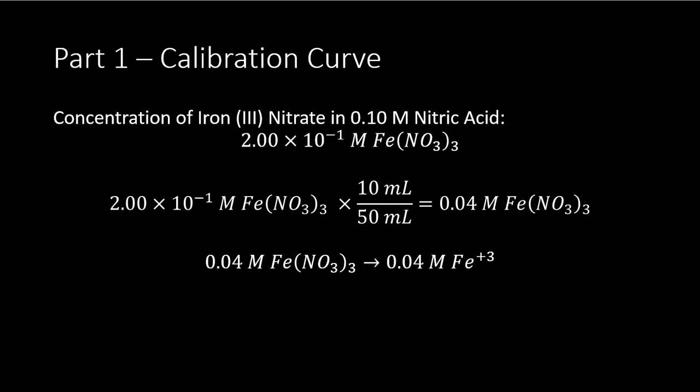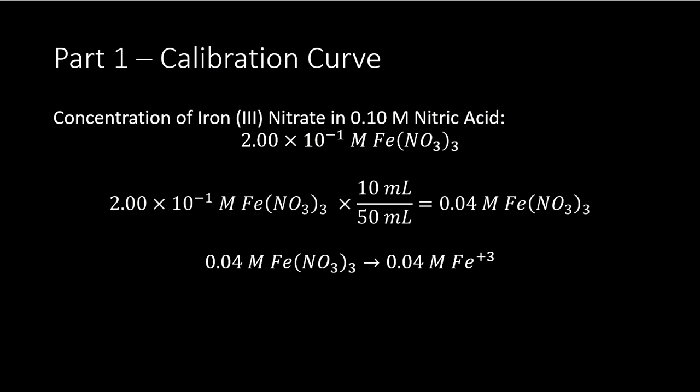So, what you may see when you have your stock bottle of iron 3 nitrate in a tenth of a molar nitric acid, the starting concentration being 2 times 10 to the negative first molar. If you take 10 milliliters of that stock solution and then dilute its final volume to 50, that would change its concentration to 0.04 molar iron 3 nitrate.